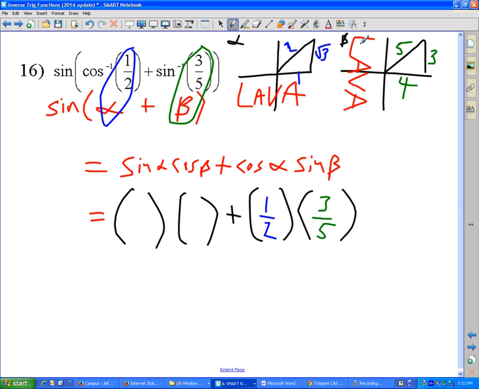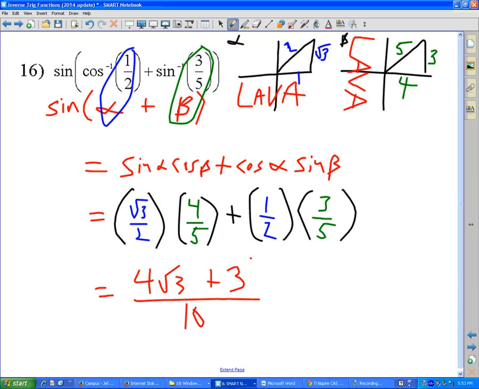Sine of alpha, root 3 over 2, and cosine of beta, 4 over 5. Now it's just a little bit of algebraic simplification, and I think we're done. 4 root 3 plus 3 over a common denominator of 10, and rock and roll.